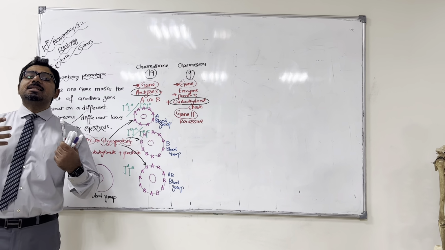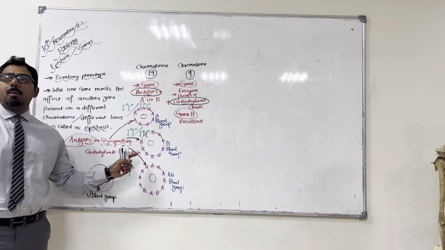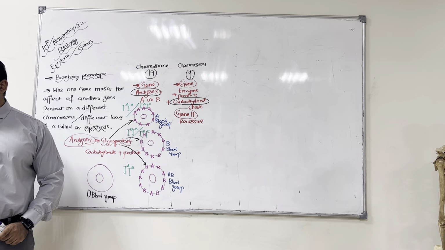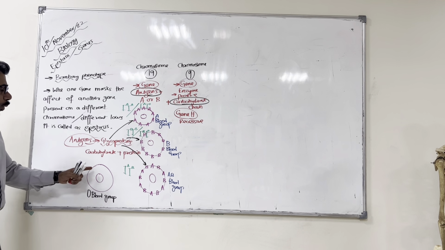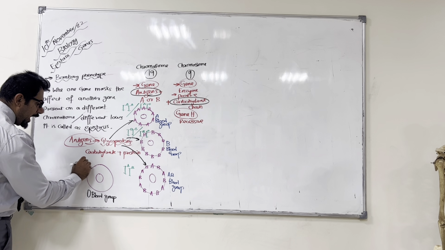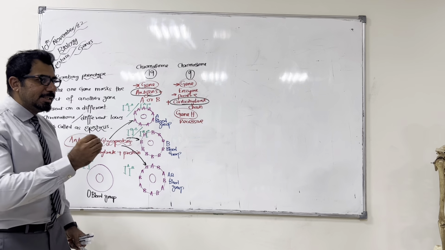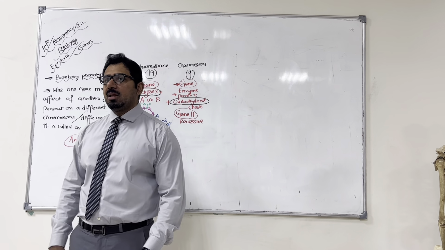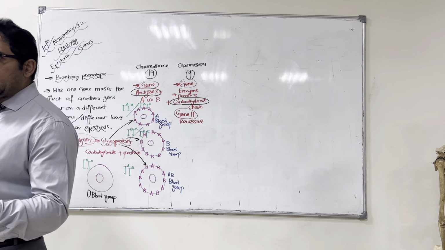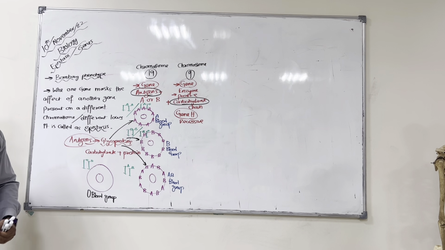So both genes are expressing themselves equally, so we call this phenomenon codominance. Understand? While over here, the genotype is I0 I0. As both alleles are recessive, no antigen is expressed, right? So this cell will not have any antigen on its surface.